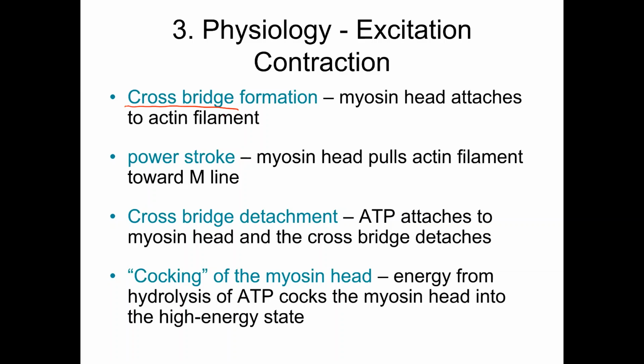Anytime myosin pushes actin towards the middle to get the sarcomere to shorten up, we call that a power stroke. And then anytime myosin lets go, we call that the cross bridge detachment. And then cocking of the myosin head means that myosin's sort of lifting up and it's getting ready to attach to actin. That's what that term means.